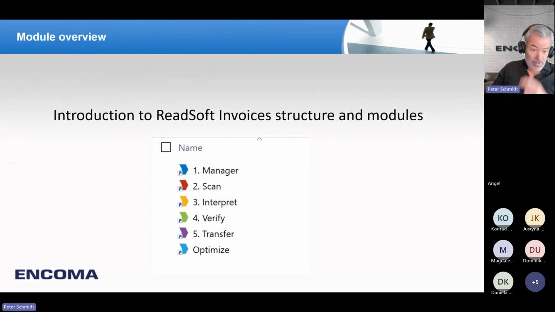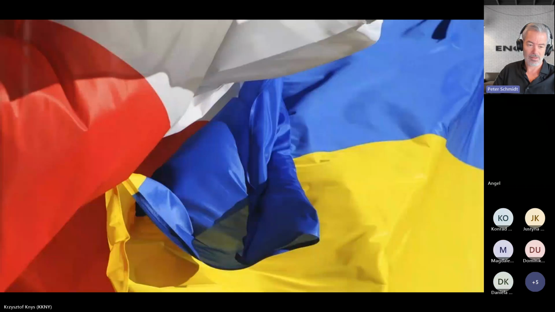So before we dig into the optimized module, just very briefly introduce the different modules that we have. You probably all know the different colored arrows you see, and if we put them into the different routines, we had the administration at the top where the manager is.